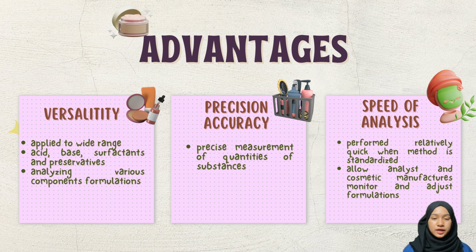For precision and accuracy, volumetric analysis helps to measure quantities of substances precisely. And last, volumetric analysis can be performed relatively quickly once it is standardized. Through this, it allows analysts and cosmetic manufacturers to monitor and adjust the formulation of the product.